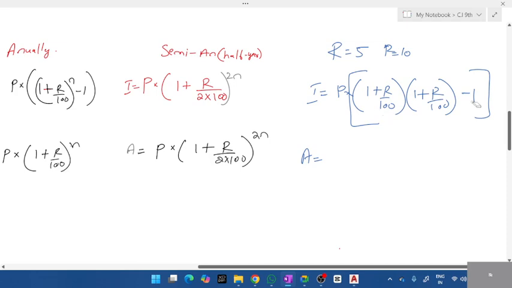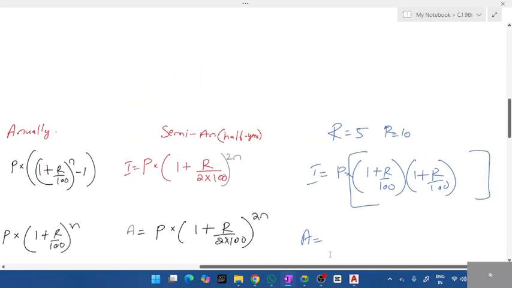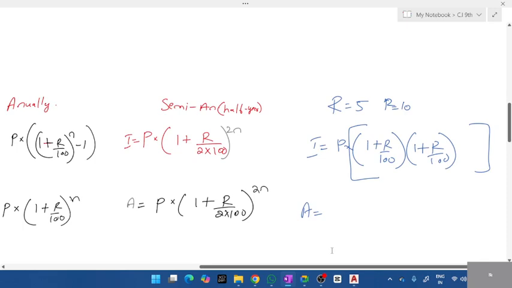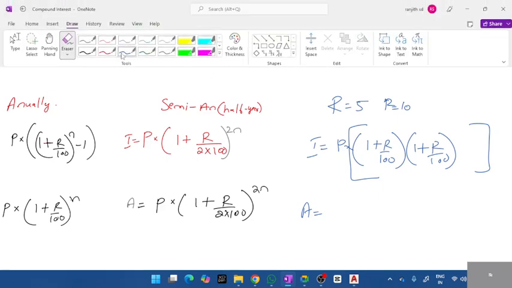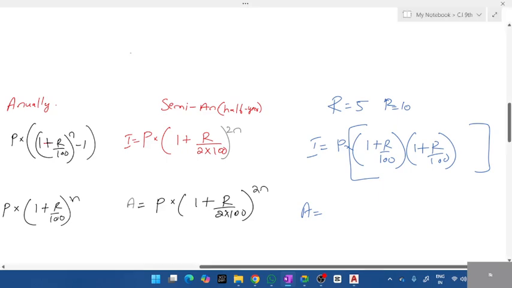Interest, right? Talk a bit loud, Kia. Your voice is not audible. The amount, right? It's the amount. So for amount, there is no minus 1. Only for interest, you'll have minus 1.